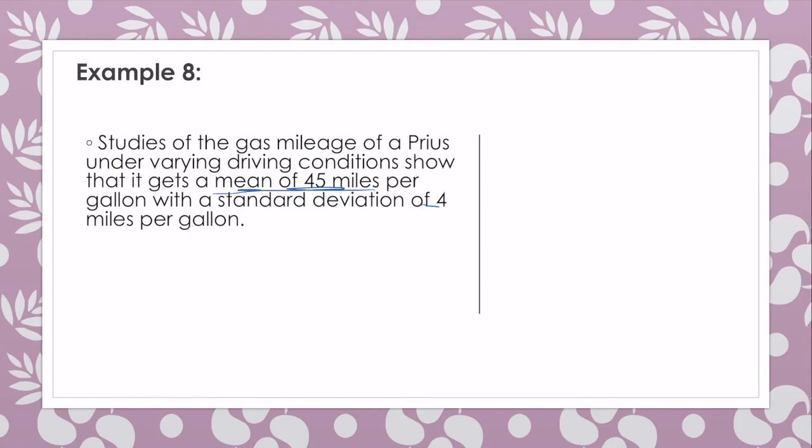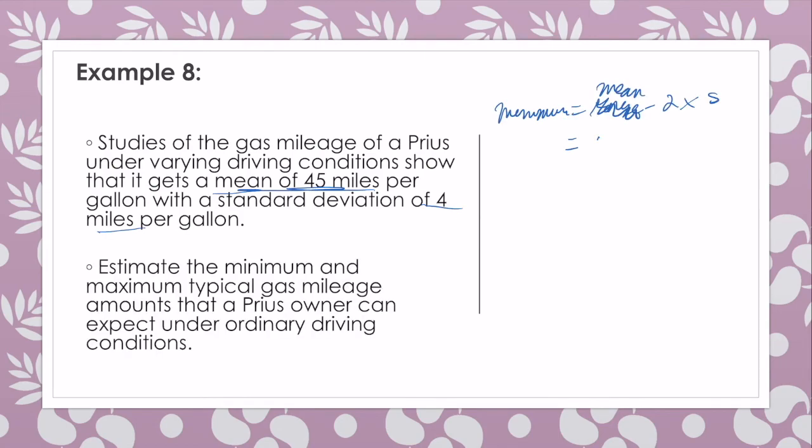So let's calculate our minimum. That's going to be, not our range, our mean minus 2 times our standard deviation. So I have 45 minus 2 times 4. 45 minus 8 gives me 37. So that's going to be our lowest possible mileage we could expect.